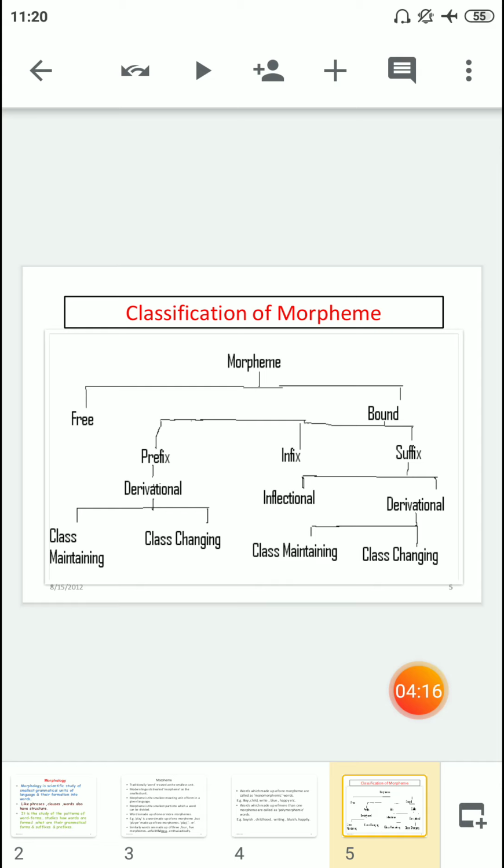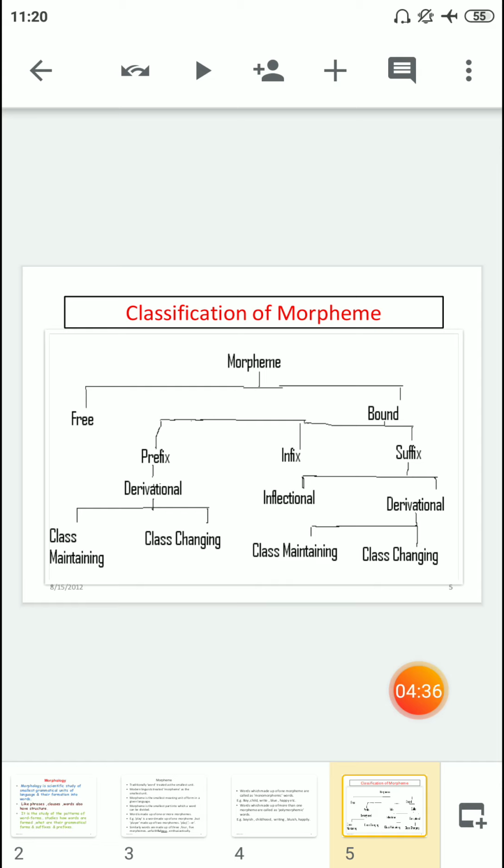Let us see the classification of morphemes. Morphemes can be classified into two categories: free morphemes and bound morphemes. Bound morphemes are again categorized under three different categories: prefixes, infix, and suffix.